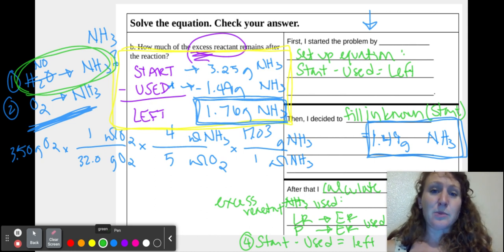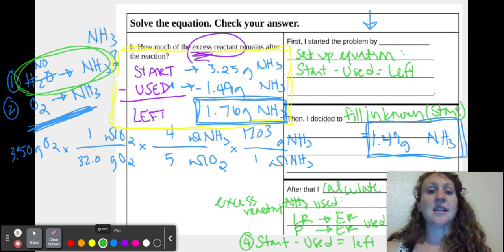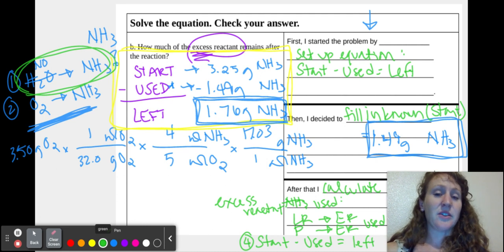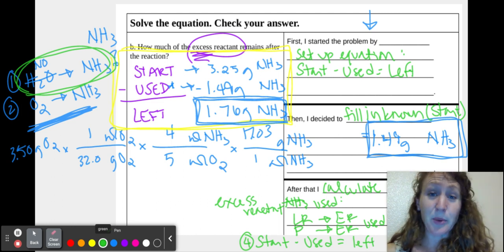The other reason I love this problem is because it really highlights the difference between dimensional analysis and proportions. If we were going to try to stick with proportions and never learn dimensional analysis, you would have had to set up 3 times 3, 9 different proportions. You would have had to set up 9 different proportions correctly.